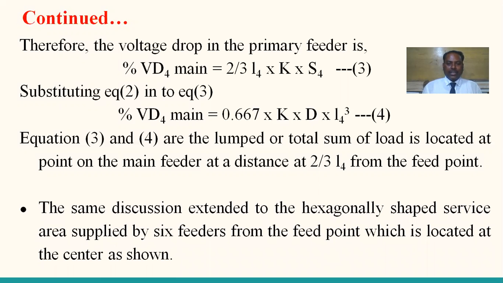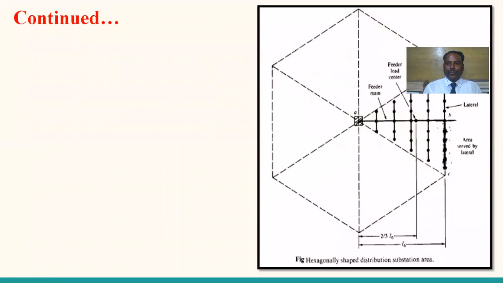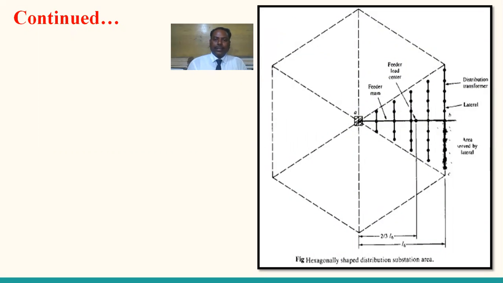The same discussion is extended to the hexagonally shaped service area supplied by 6 feeders from the feed point, which is located at the center as shown. This is the hexagonally shaped service area.